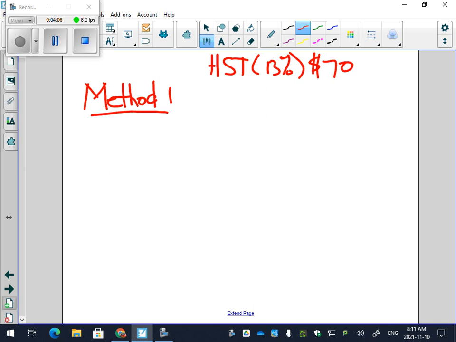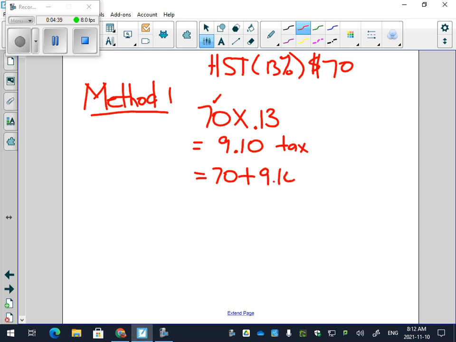In order to do it with the algorithmic method, you take the cost of the item and you multiply it by 13%. Now 13% as a decimal is decimal 0.13. And 13% of $70 comes out to $9.10. But that's the tax, and that's the original price, so you have to add those two together to find out how much you're actually going to pay when you get to the till. So together, that would be $79.10.